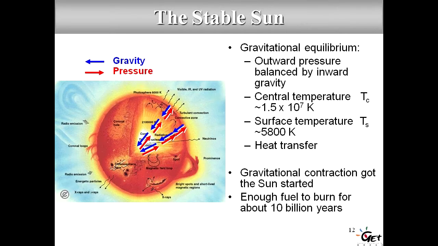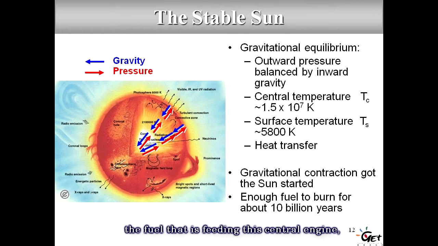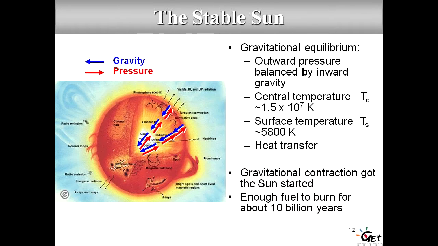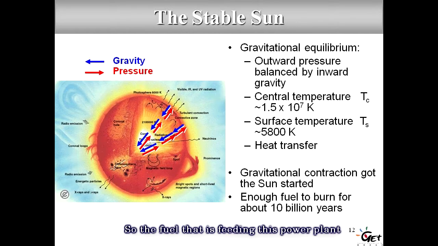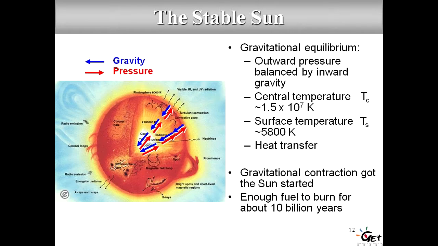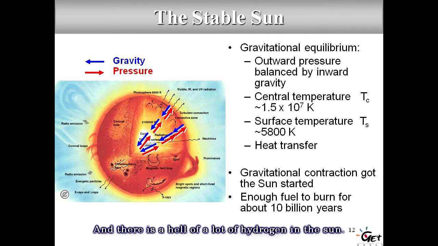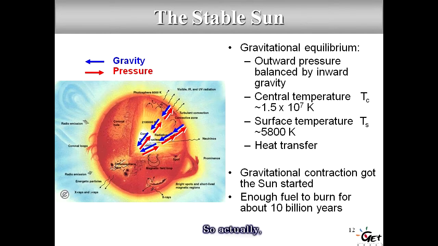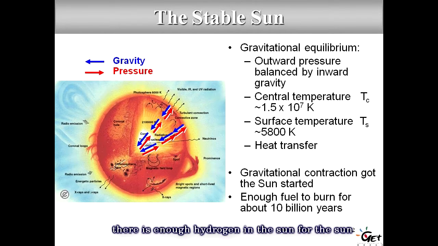And the fuel that is feeding this central engine, more or less a power plant at the center, is hydrogen. Okay? And there is a hell of a lot of hydrogen in the sun. There is enough hydrogen in the sun for it to burn at this rate for 10 billion years.